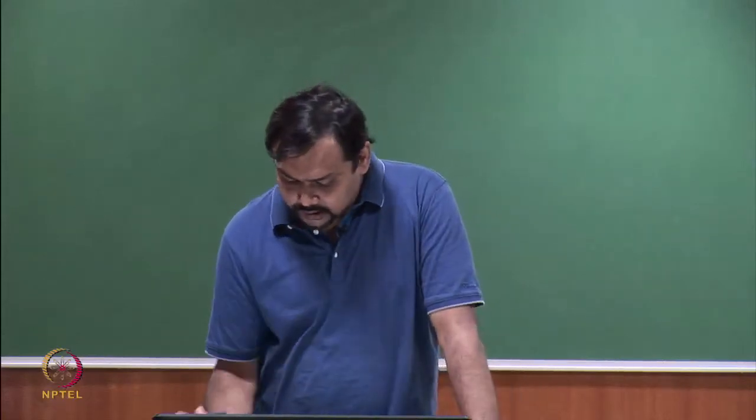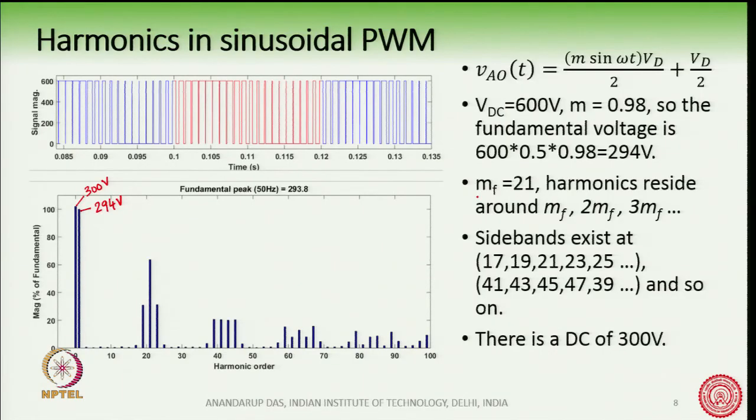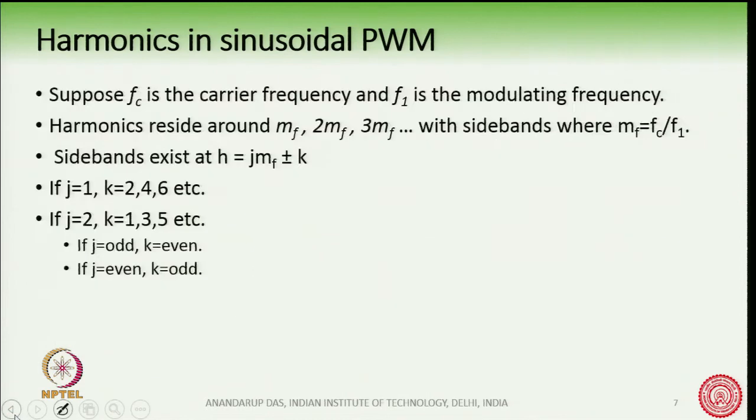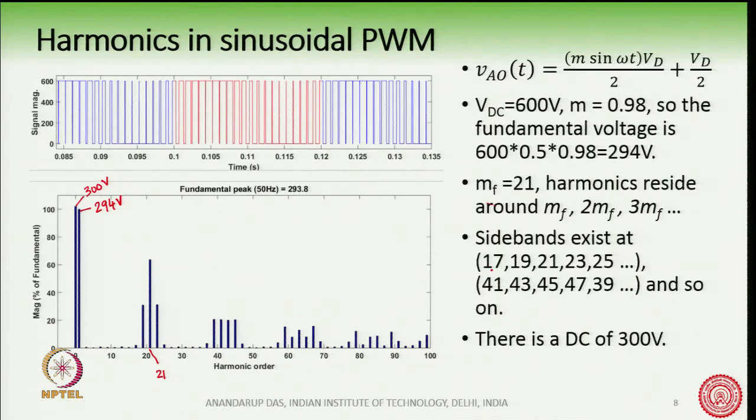Now, what about the harmonics? The harmonics reside, there will be side bands. From the previous formula we have seen that if j equal to 1, k equal to 2, 4, 6. So, therefore, side bands will exist at 17, 19, 21, 23, 25, like that.